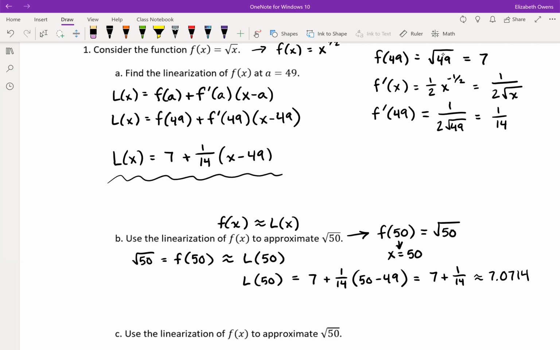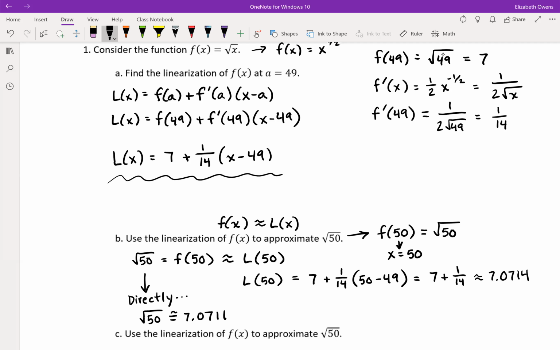And so the square root of 50 is close to 7 and 1/14, close to 7.0714. And it turns out if you just type in square root of 50 directly, since we can do that with this function, the square root of 50 to 4 decimal places is approximately 7.0711.